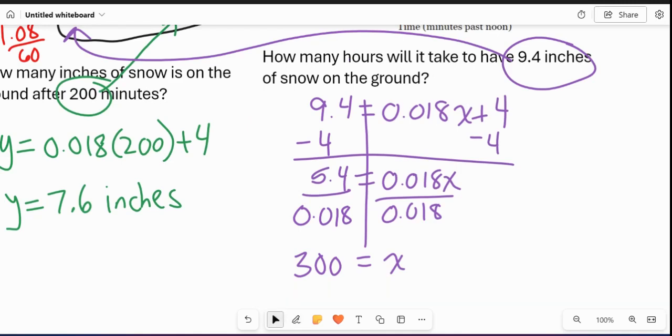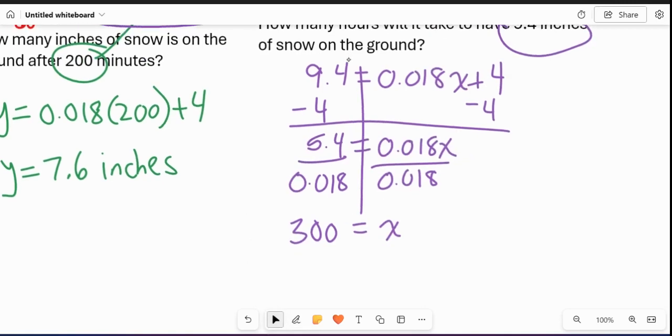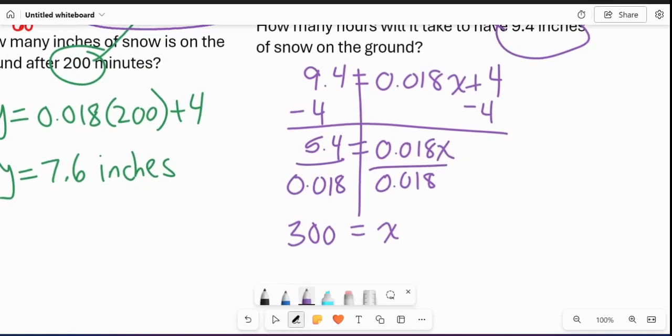So 300 minutes, if I want to take that and convert it into hours, you would just do 300 divided by 60, and 300 divided by 60 is 5 hours.